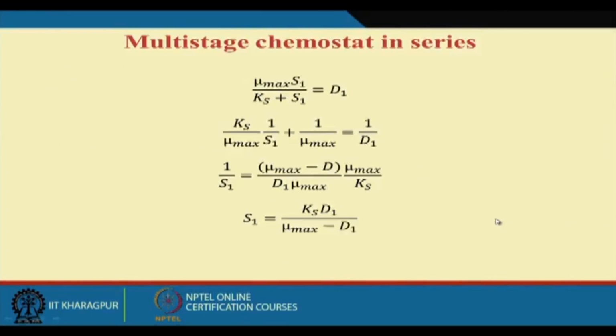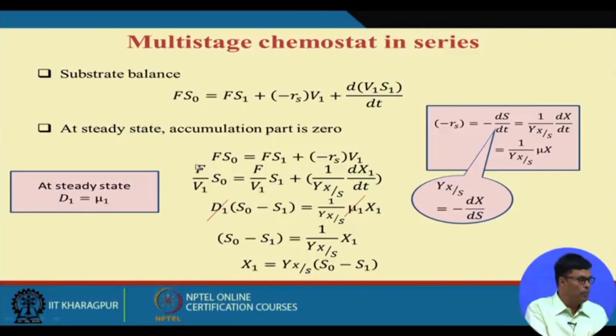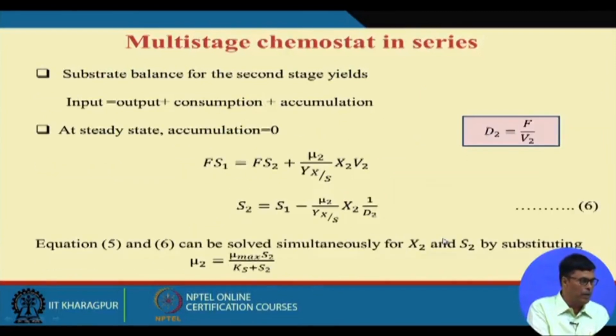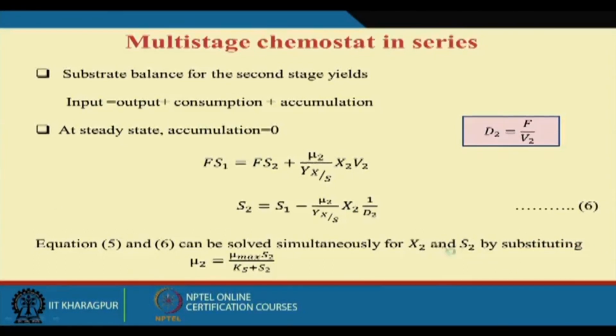Now when we go to the second reactor, we shall have to do the material analysis, the substrate balance, and find out the X1 and X2 values. We can calculate S2 and X2 in the second reactor separately. Then if we want to go to the third reactor, we have to do a similar type of analysis.